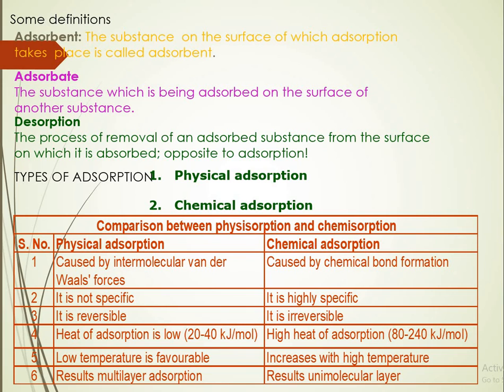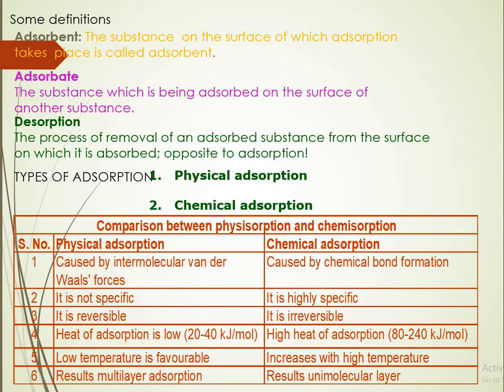Chemical adsorption is irreversible. The heat of adsorption or the enthalpy of adsorption is low in physisorption, of the range of 20 to 40 kJ per mole, whereas in chemical adsorption, the high heat of adsorption is found of the range 80 to 240 kJ per mole. Low temperature is favorable in physisorption, whereas high temperature is favorable in chemisorption.